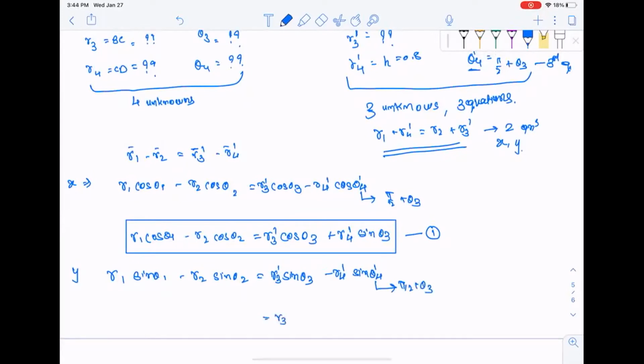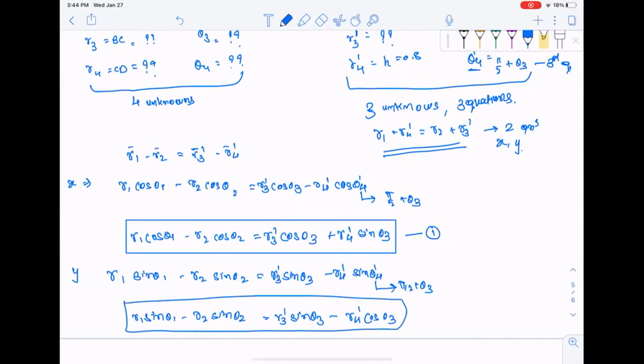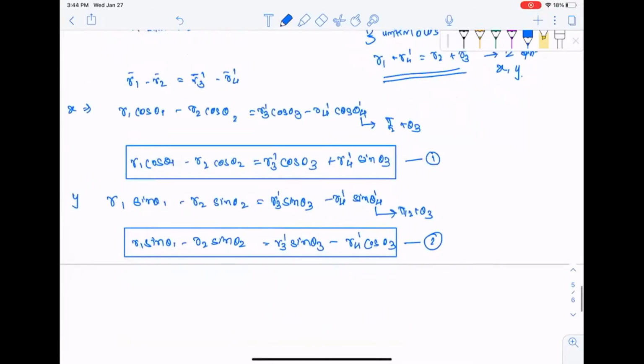So my equation will turn out as R3 dash sin theta 3 minus R4 dash cos theta 3, and the left hand side will remain the same. Here is my second equation.